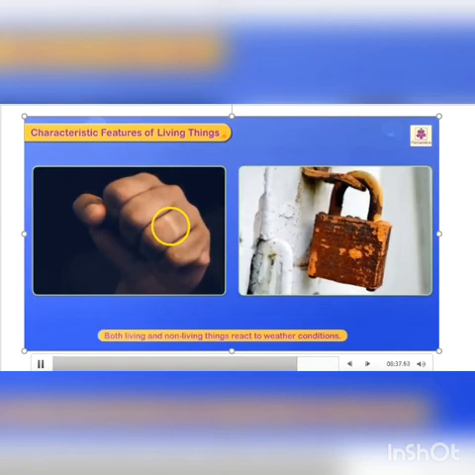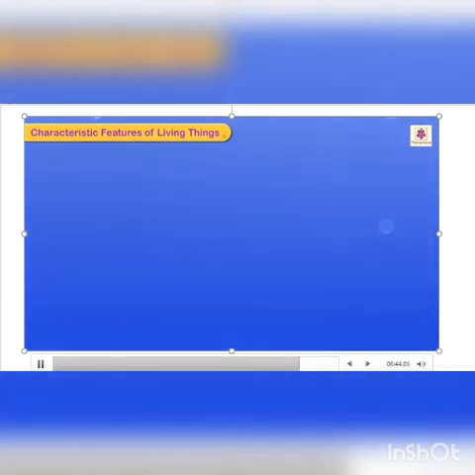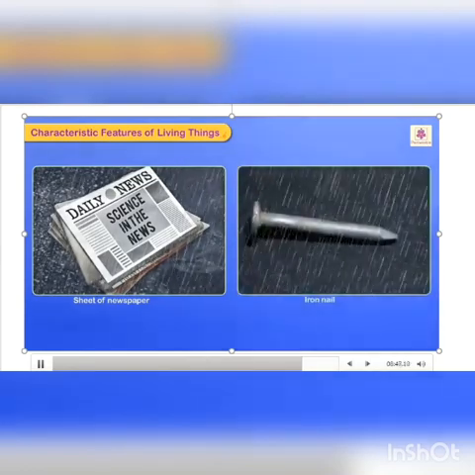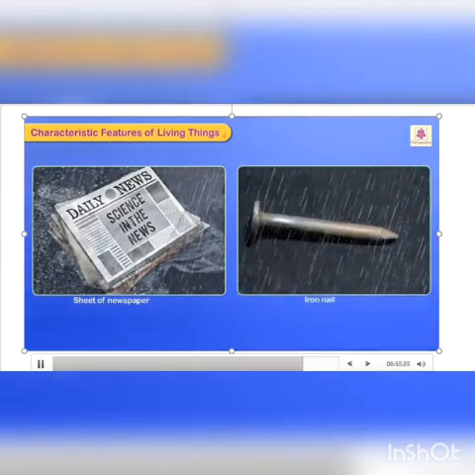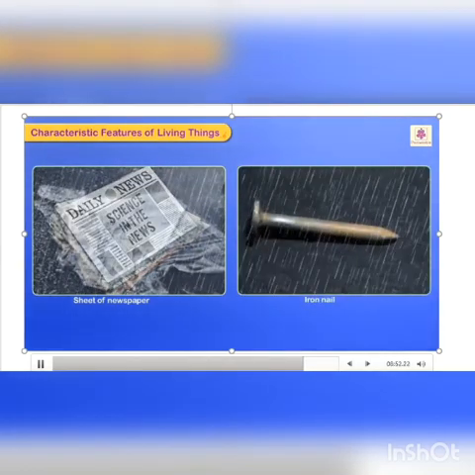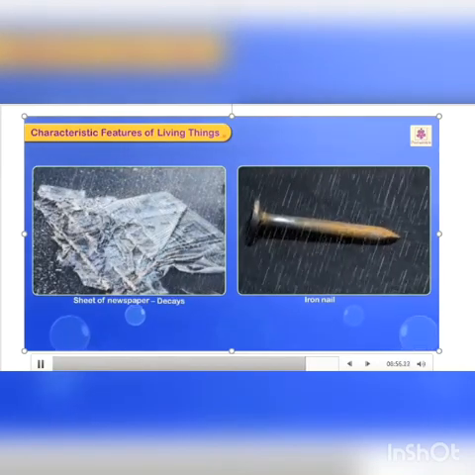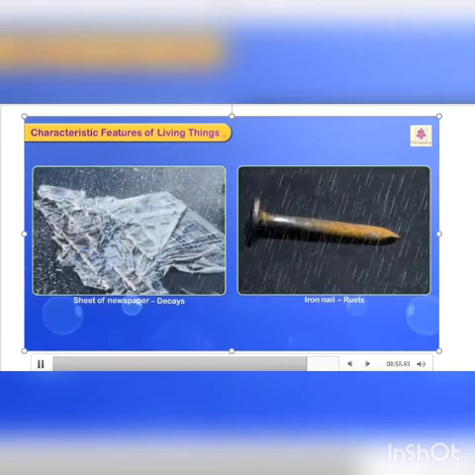Both living and non-living things react to weather conditions. If we leave a sheet of newspaper and an iron nail in the rain outside for a few days, we see that the paper decays and the iron nail rusts.